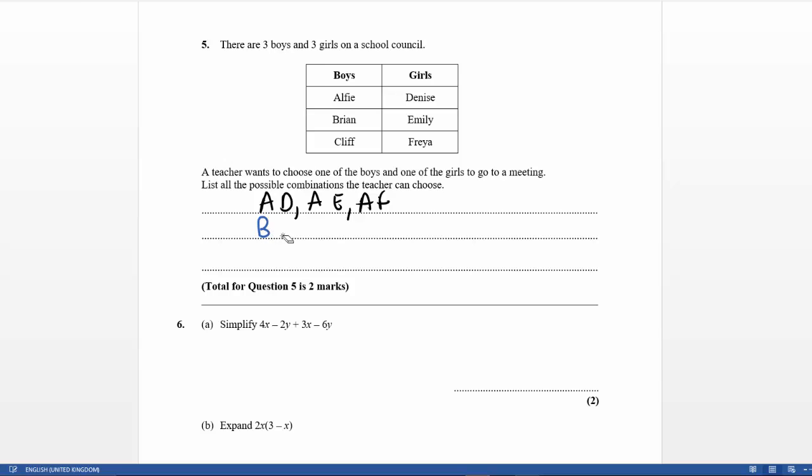We can have Brian and Denise, Brian and Emily, and Brian and Freya. For our final combination, we can have Cliff and Denise, Cliff and Emily, and Cliff and Freya. So in total, there are 9 different combinations that you can have.